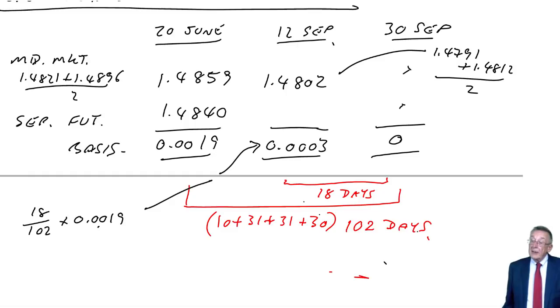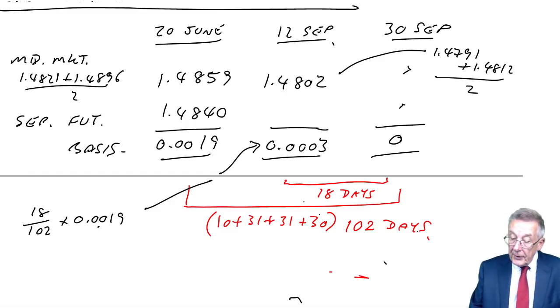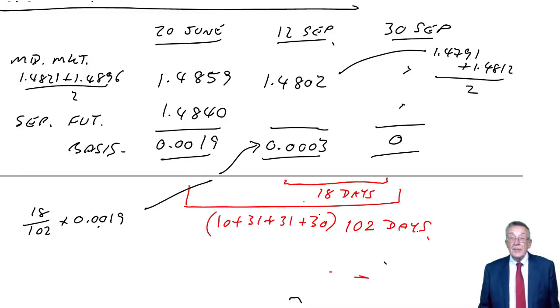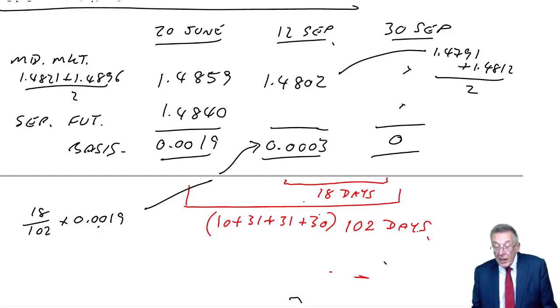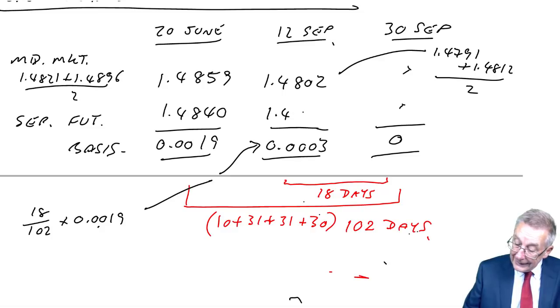Adjust it by the basis of 0.0003. Well, the futures were lower than the spot as of today, and so on 12th of September they'll be lower than the spot. Subtract 0.0003 and you get 1.4799.